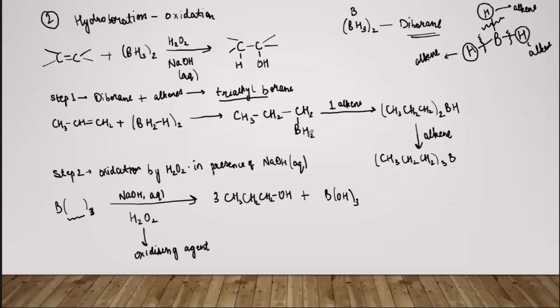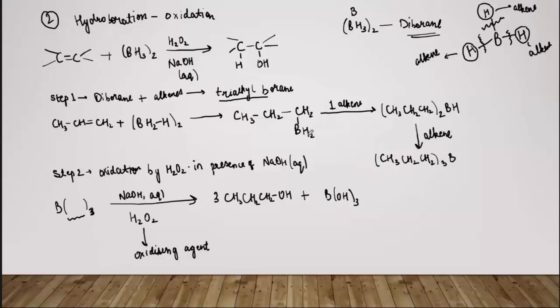Now one thing to notice here is that the alcohol formed through this mechanism looks as if it has been formed by applying the anti-Markovnikov's rule. I told you about the Markovnikov's rule; the anti-Markovnikov's rule is simply the opposite. In Markovnikov, the hydrogen gets attached to the carbon which has more hydrogen atoms.